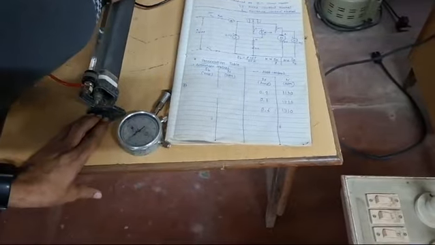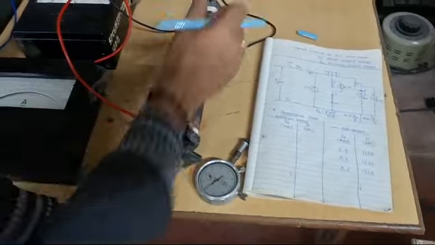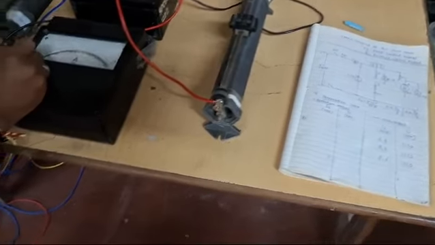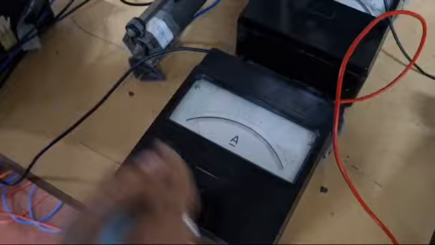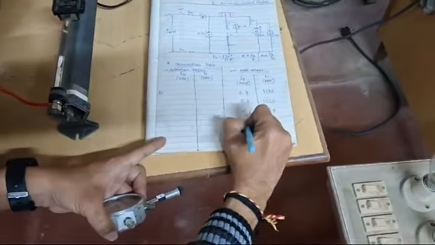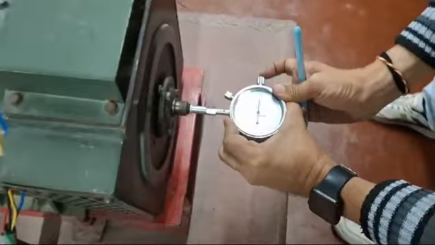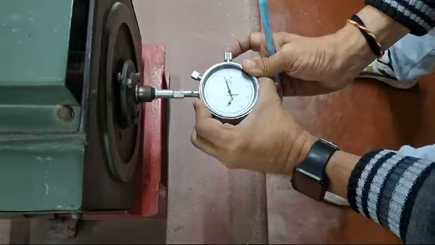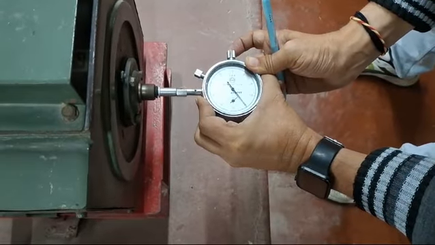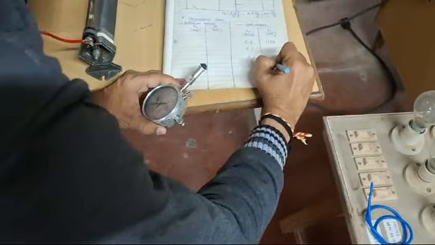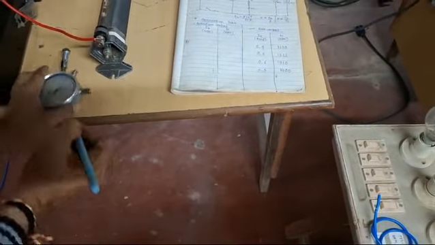We'll continue this process and keep on increasing the resistance. This time the current is 0.5 ampere, and the speed is exactly 1400 RPM. The speed has been increased to 1400 RPM.